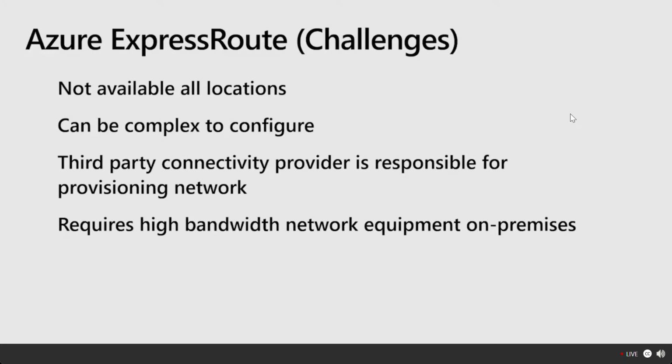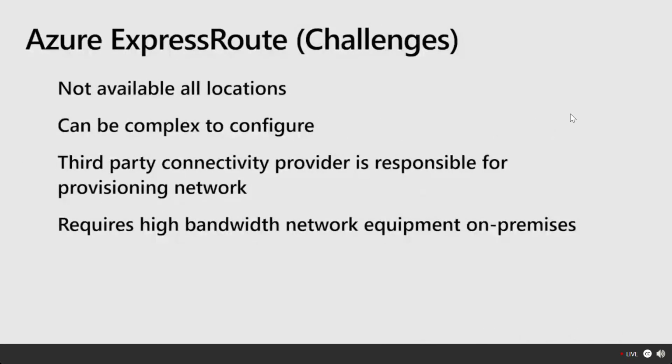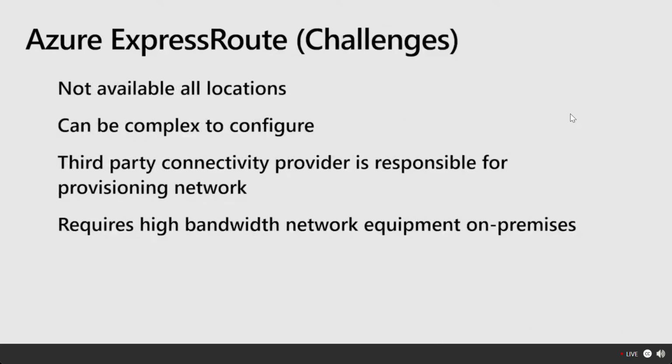For one, it's not available in all locations, so you're more likely to find it in some of the major cities, for example. The architecture itself can be quite complex to configure, and you do have to deal with a third-party connectivity provider. So they are the ones who are provisioning this network for you to use. You also need some pretty high bandwidth networking equipment on your on-premises sites.